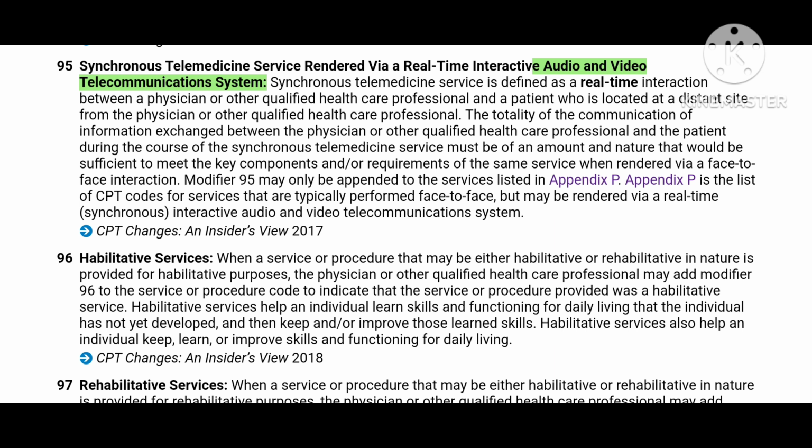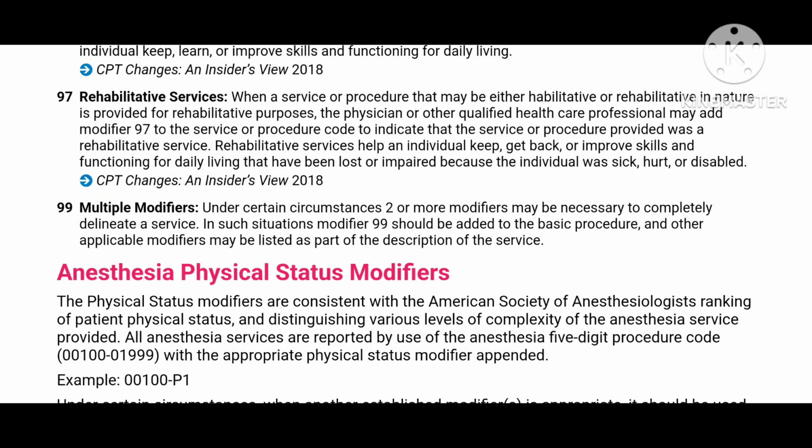Next is 96, 97. We will not use it. 99. This also we don't use, but the thing is it is for multiple modifiers. For example, for the same procedure, I am going to use two modifiers. I can say that I am using modifier 22 and 50 with the same procedure.